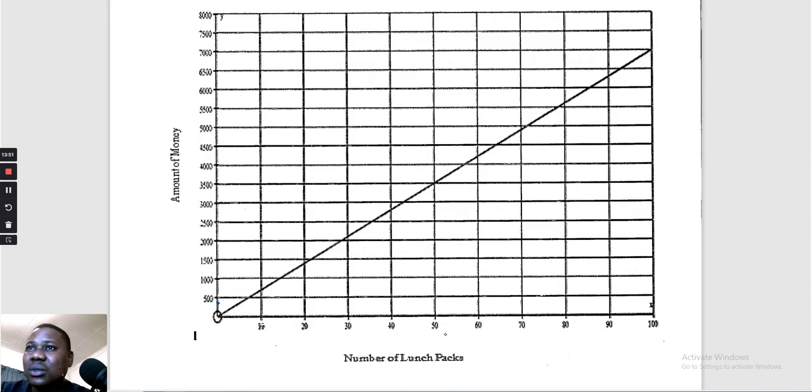I see, okay, this is 10, 20, 30, 40, 50, 60. Okay, 60 is here. Then let's go and look for 3,600. So if you look here, it is 1,000, 1,500, 2,000.